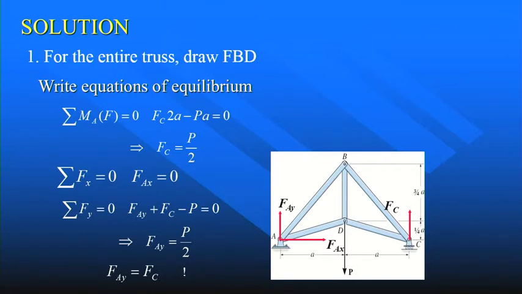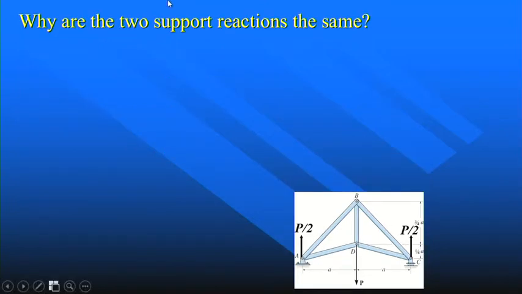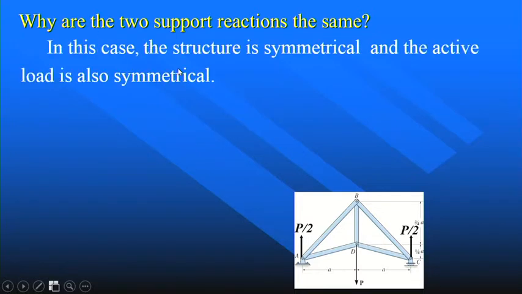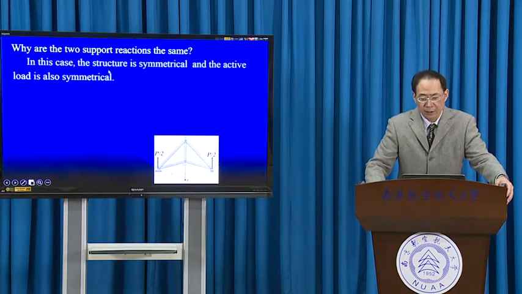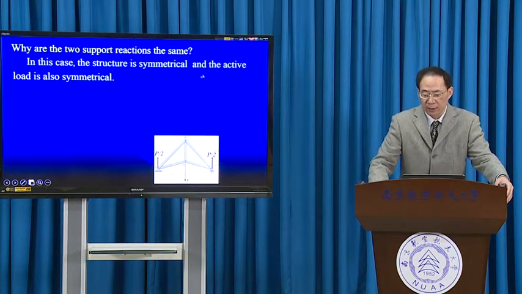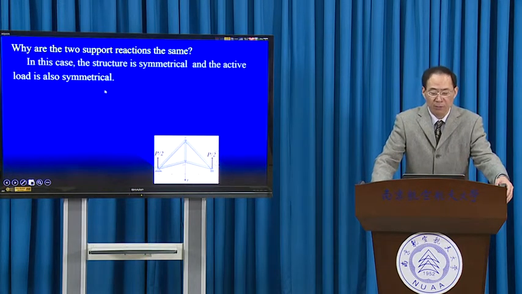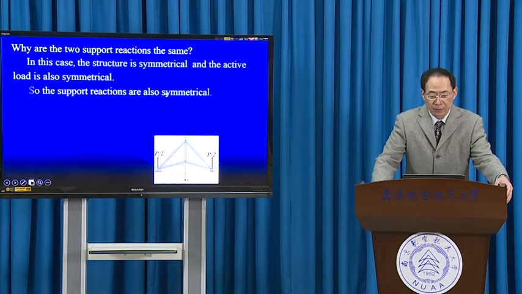Why do we get this coincident result? Why are the two support reactions the same? In this case, the structure is symmetrical, and the active load is also symmetrical. So the support reactions are also symmetrical.